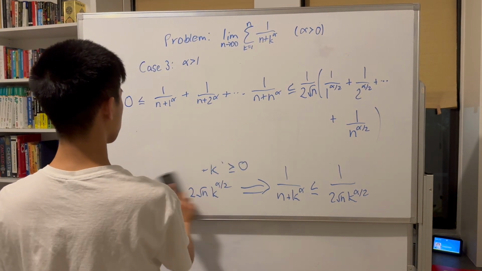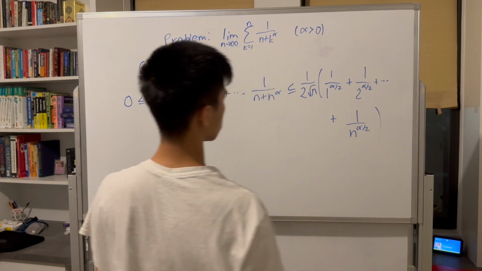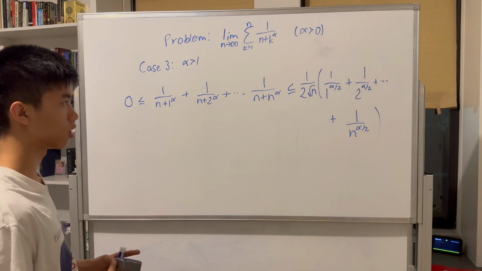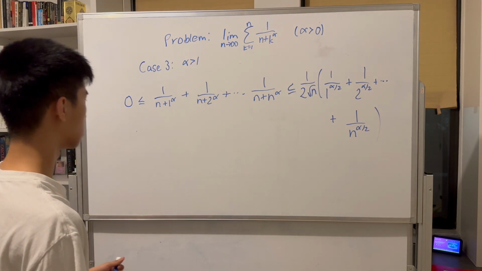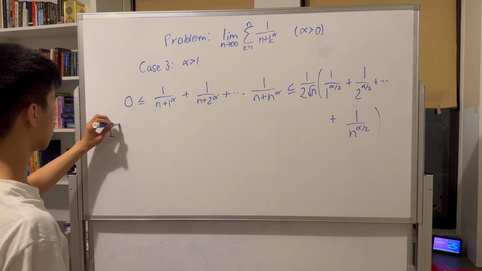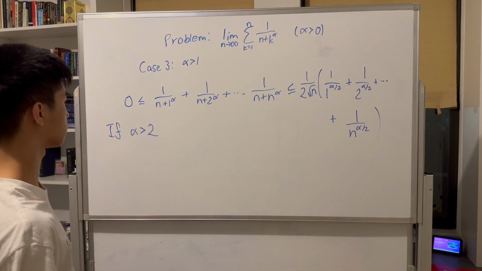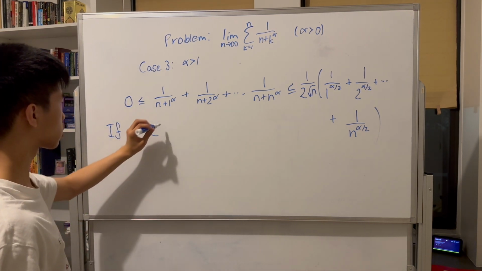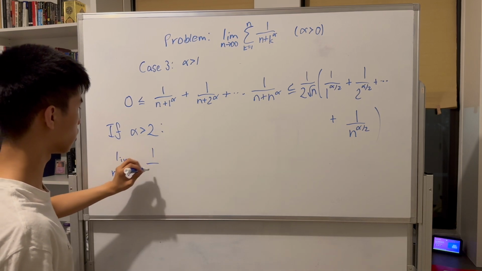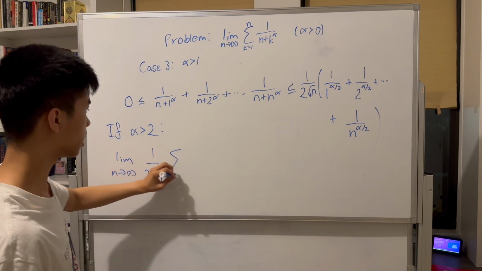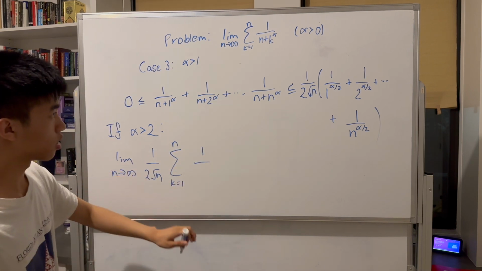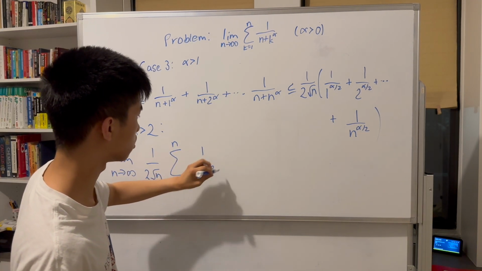So let me just erase this. Now we have 2 more subcases that we'll consider. The first case, which is particularly easy, is if alpha is greater than 2. So if alpha is greater than 2, then we are now considering the limit of 1 over 2 root n times the summation from k equals 1 to n of 1 over k to the alpha over 2.